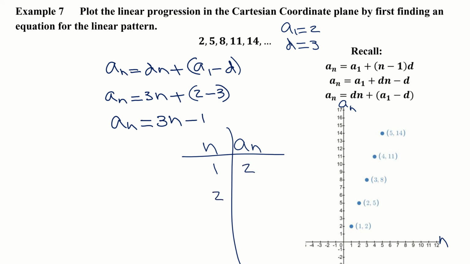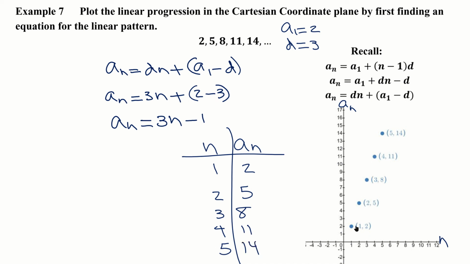If n is 2, I get 3 times 2, which is 6 minus 1, which is 5. If n is 3, we get 3 times 3 is 9 minus 1 is 8. If n is 4, I get 3 times 4 is 12 minus 1 is 11. 5 will give me 15 minus 1, which is 14.